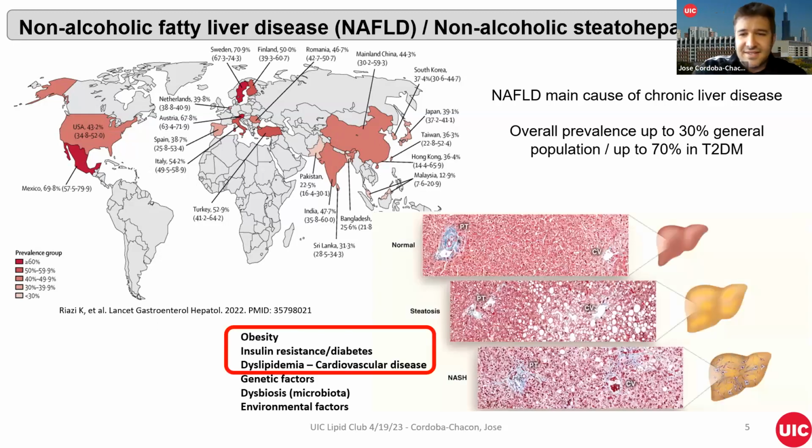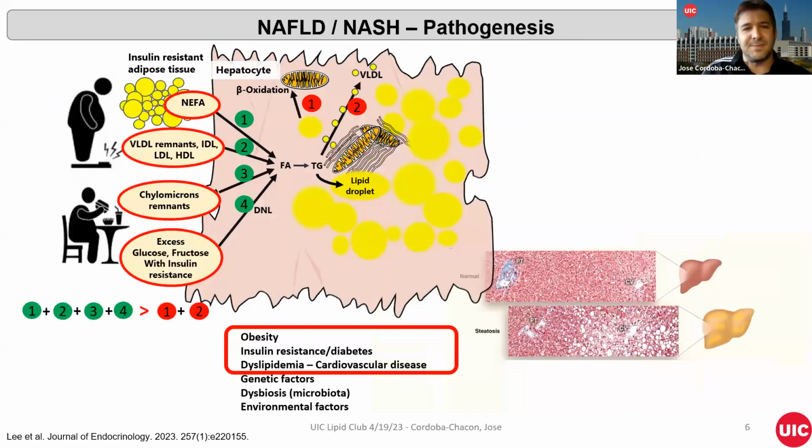The disease progresses from the simple accumulation of fat, as I will show you later. These conditions are associated with risk factors, as I said, such as type 2 diabetes, obesity, even cardiovascular disease, and can go further into a stage of steatohepatitis. That can also be driven by certain genes, and also microbiota or environmental factors that could drive that progression.